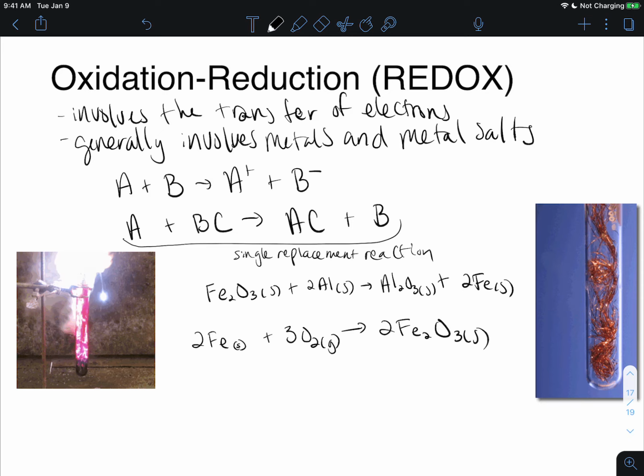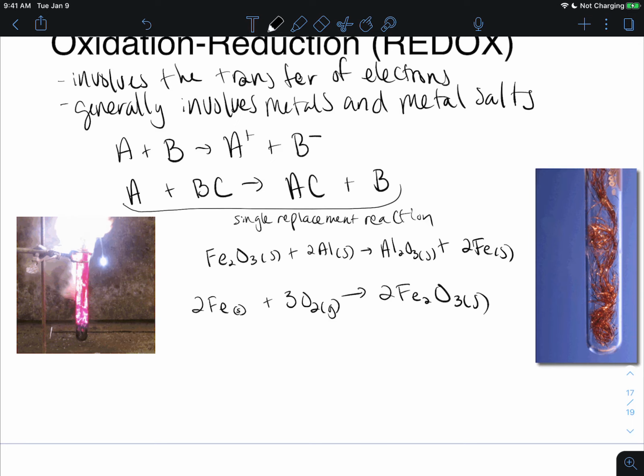Okay. So an example of a single replacement, also an example of a combination, but they don't necessarily have to be either. They can also take on the form of a regular synthesis reaction.